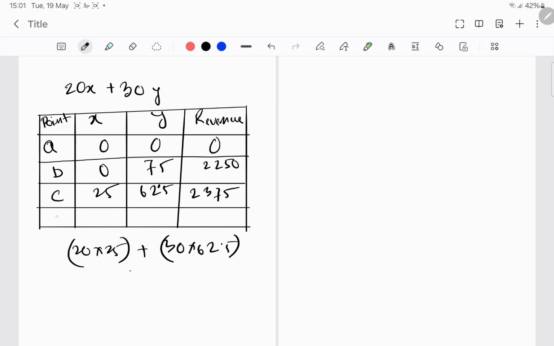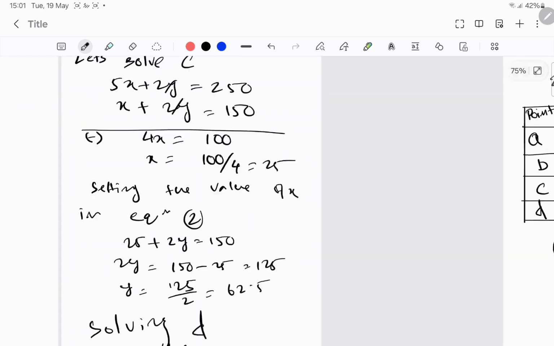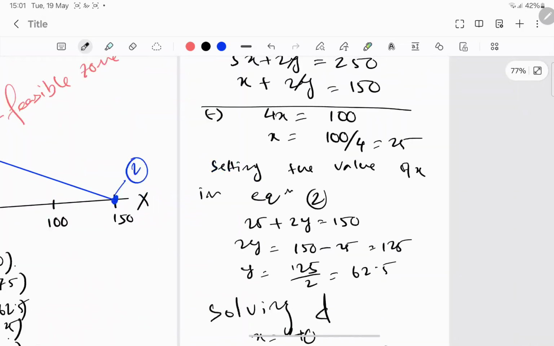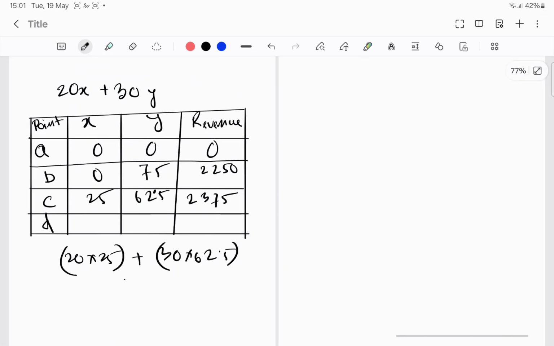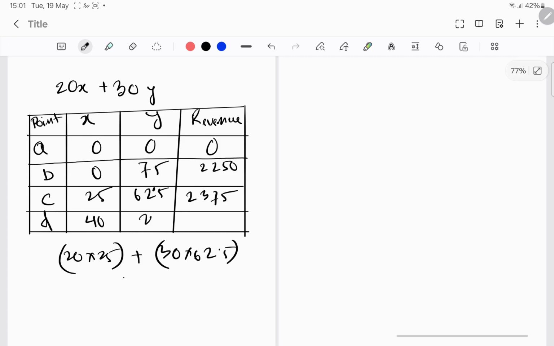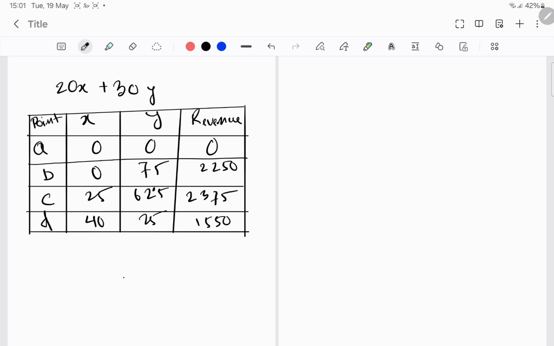Then you get our point D. What is our point D? It's 40, 25. I did it before, so you can see 40 and 25 would be 1550.